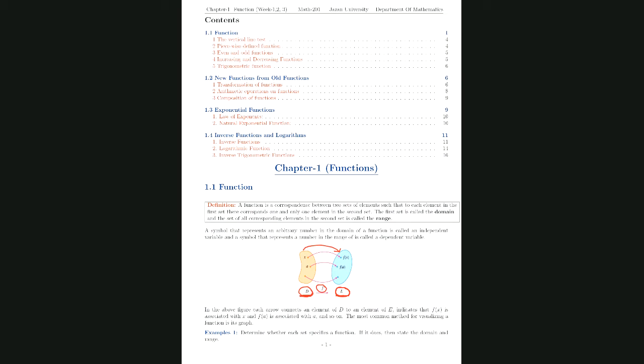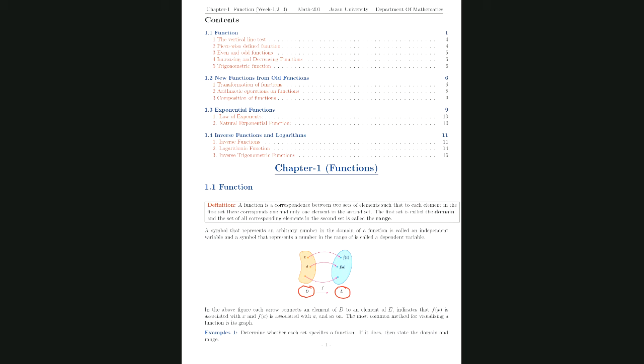Now look here. This set D is called the input set, and this set E is called the output set, right? So for all inputs, if there is only one output, then you say this f defines a function.